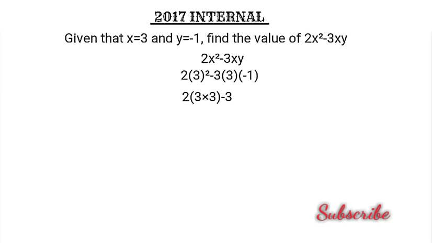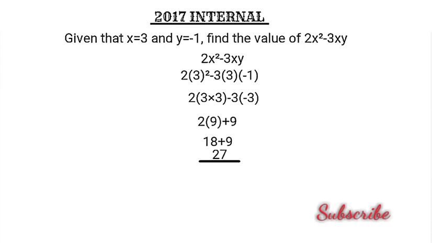Now we write 2, then 3 multiplied by 3 will give us 9, then minus -3 multiplied by -3 will give us +9. Then 2 multiplied by 9 will give us 18, then plus 9, and 18 plus 9 will give us 27. So 27 was the correct answer for this question. Let's go to the next question.